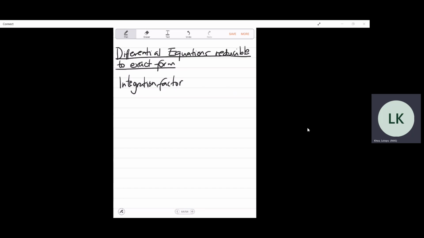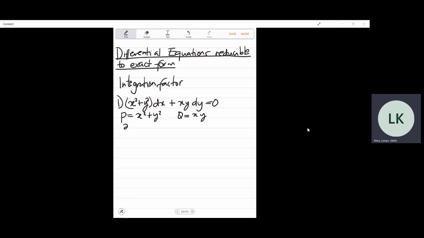For example, we have number 1: (x squared plus y squared) dx plus xy dy is equal to 0. Here we have P is x squared plus y squared, and Q is xy. We want to check whether this is exact.